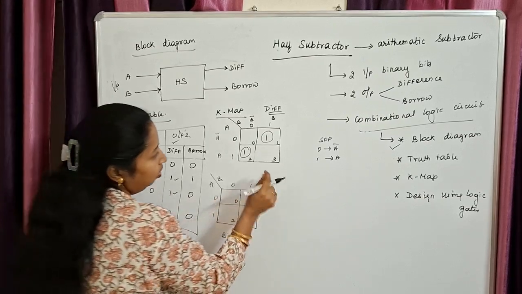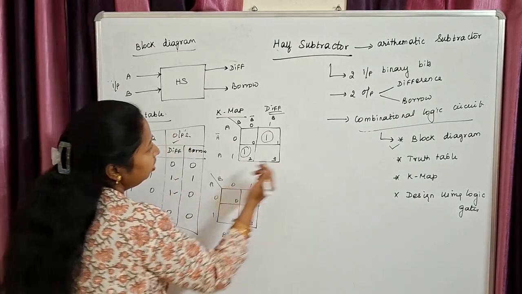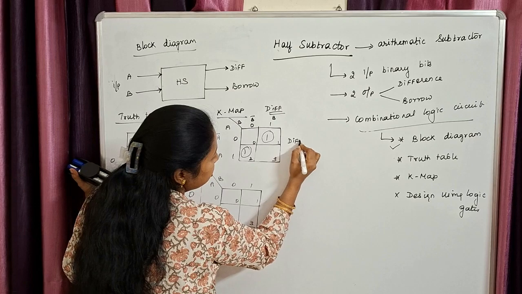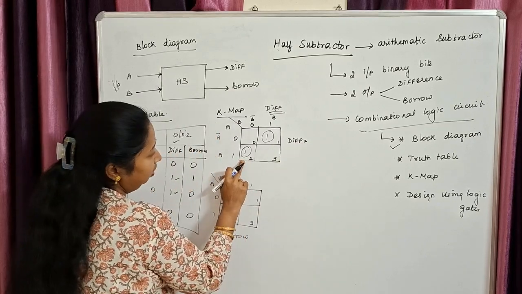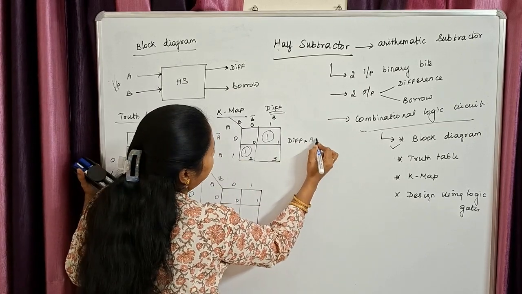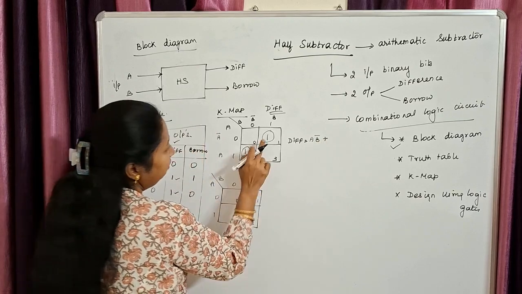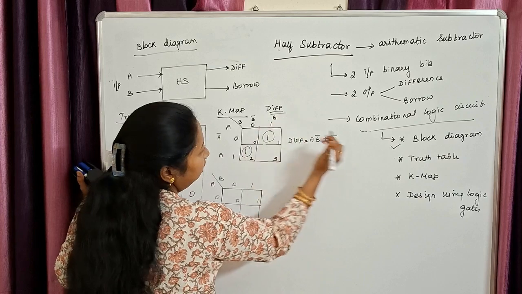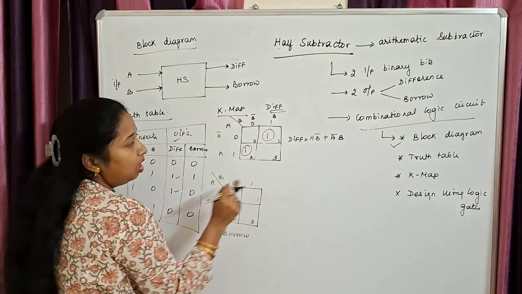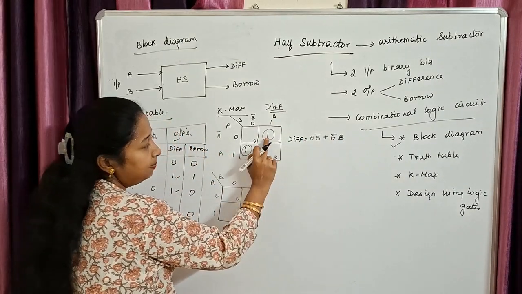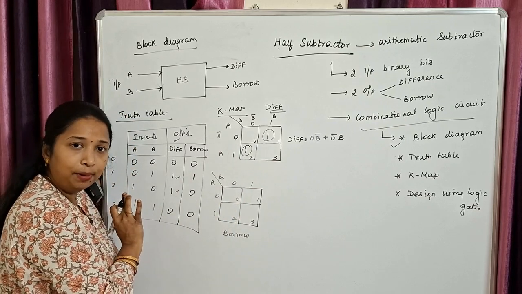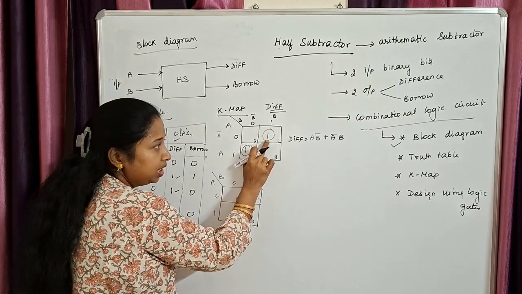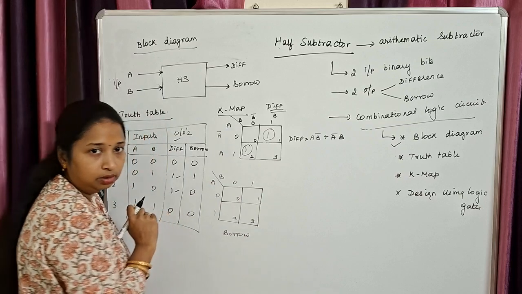Clear? Now, try to give the equation. For difference, what is your equation? It is, for this particular bubble, A B bar plus, for this particular bubble, on your vertical it is A bar and on your horizontal it is B. How many minterms you will be getting depends on how many bubbles you have in your K-map. We have got only 2 bubbles here, so we have got only 2 minterms.